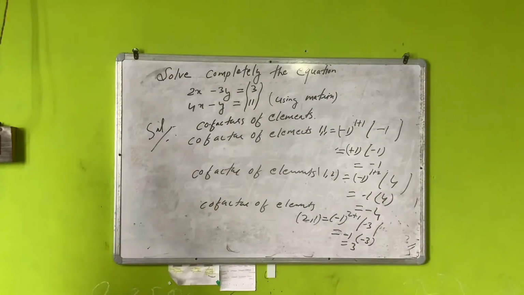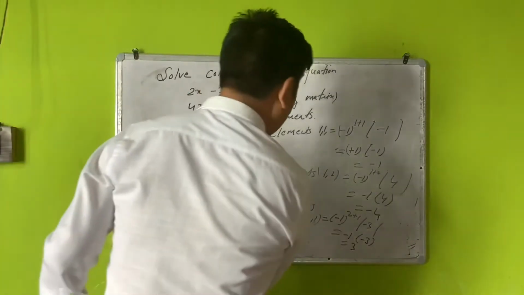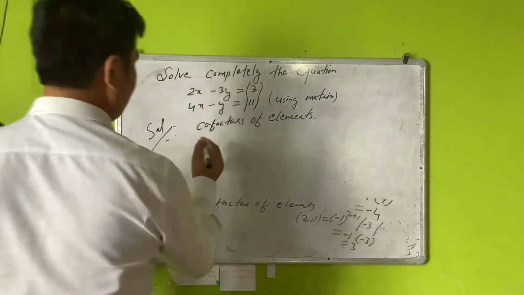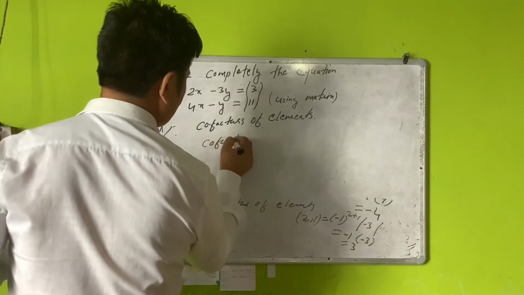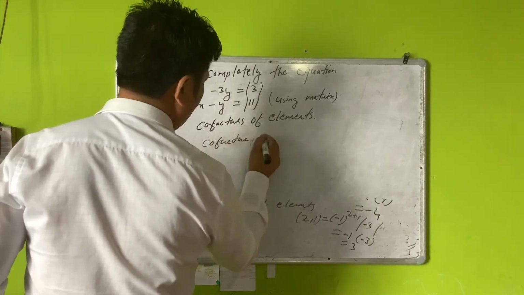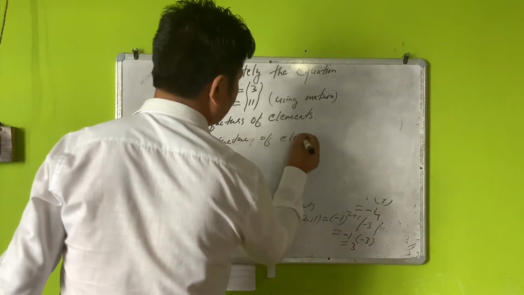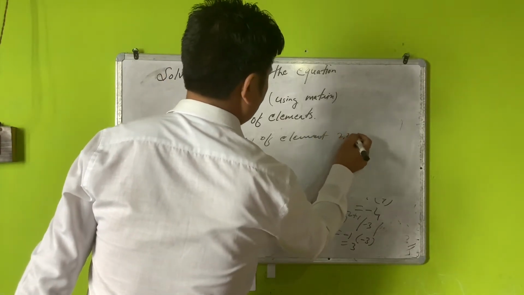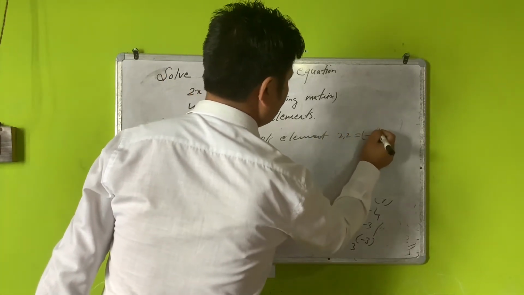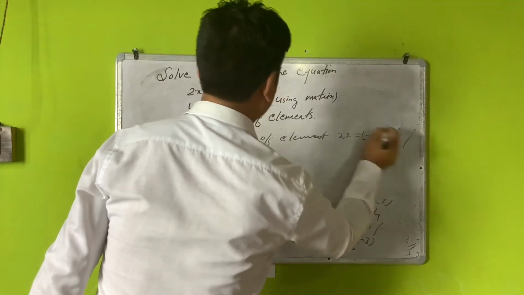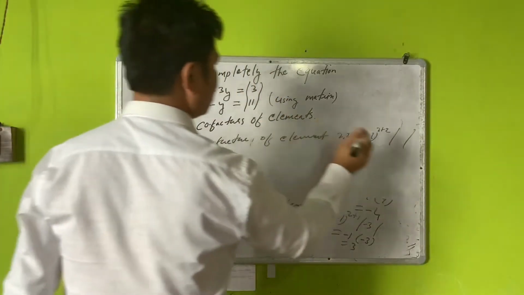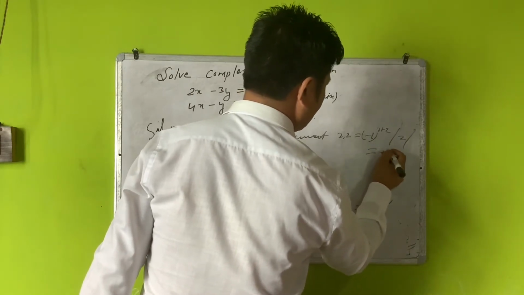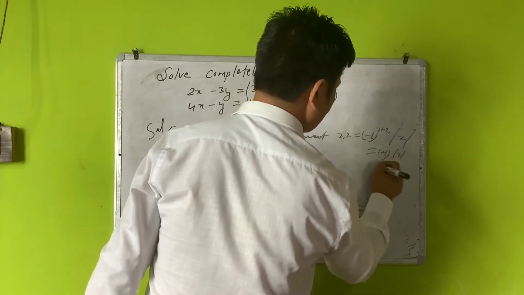In the same way, the cofactor of element 2 2 is (-1) to the power 2 plus 2, and the minor is 2, so it is plus 1 into 2, which is 2.